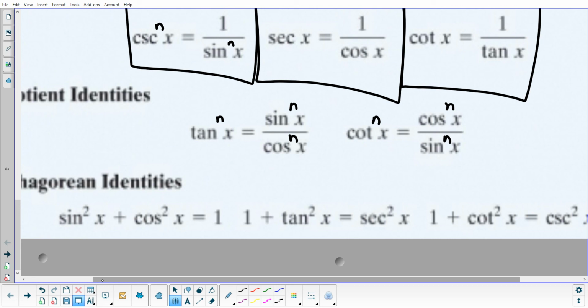Now, all those identities that I just gave you, the reciprocal, tangent and cotangent, and Pythagorean, I have all those memorized. There's about 3 plus 2 plus 3, so about 8 of them to remember. In general, there's hundreds of these identities, maybe even thousands. But there's some that are used a lot.